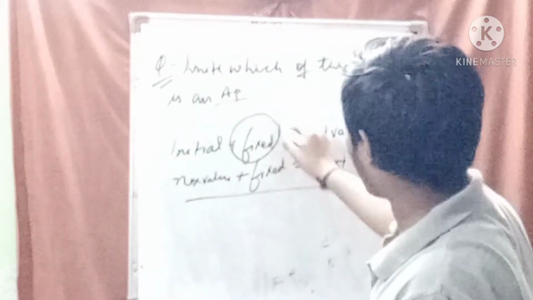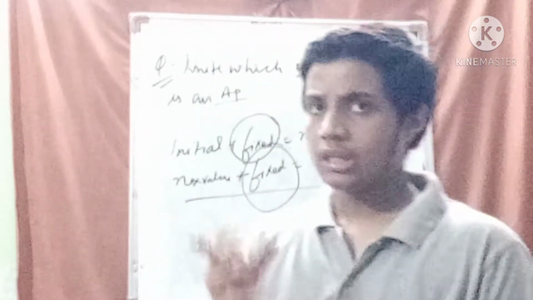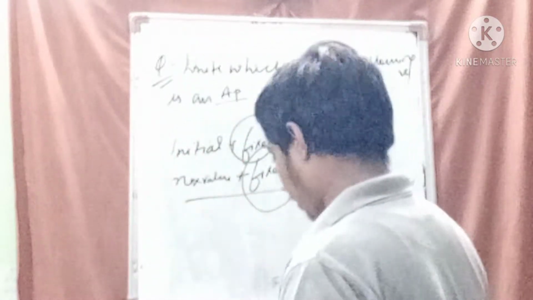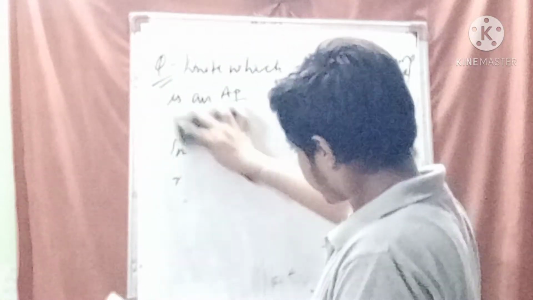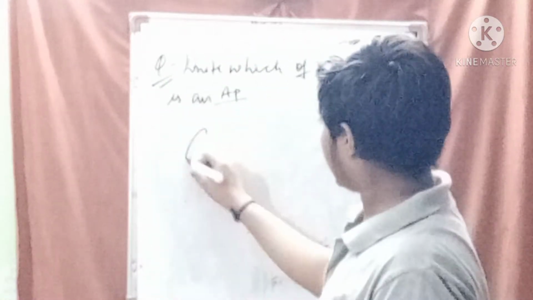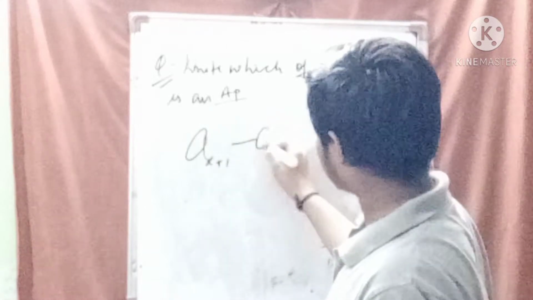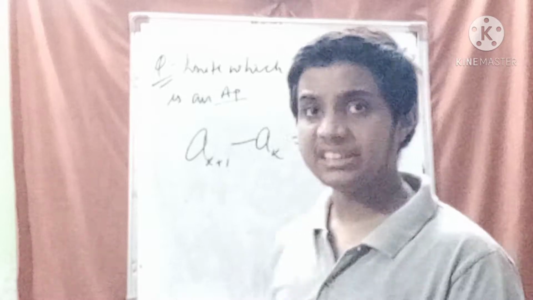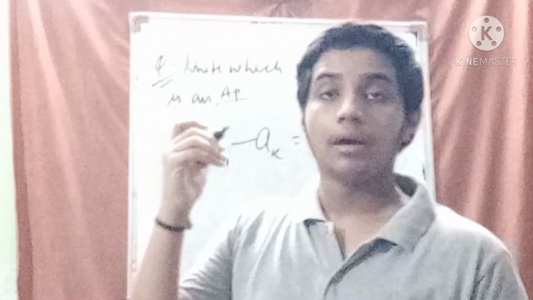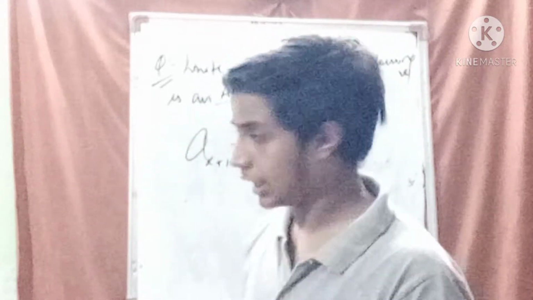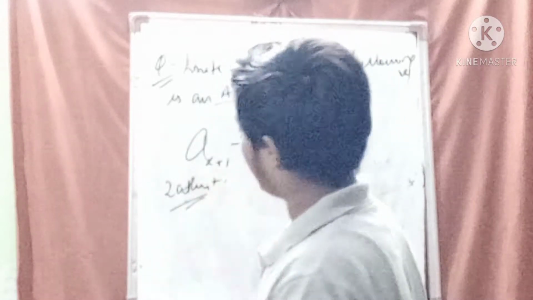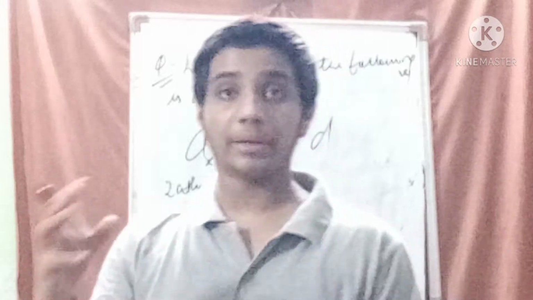So the criteria for checking an AP is by checking A(k+1) minus A(k), that is D, is common in 2 or more cases. You have to check at least 2. At least 2 is sufficient. But if you take 3, it would be the best.